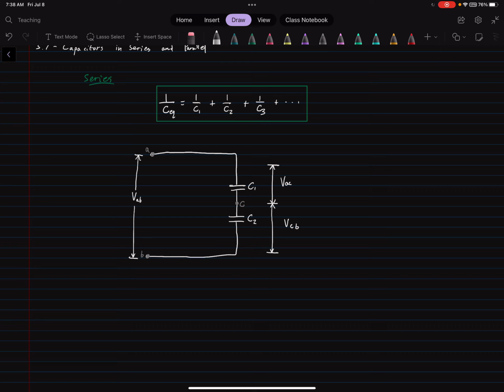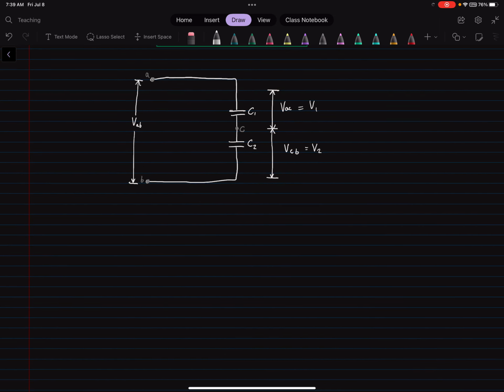These potential drops, remember, are just potential hills, so to speak. Depending on the circuit component, it could be an uphill or downhill, or, if nothing's going on, then it's just flat. I'll call this top one V1 and this bottom one V2.